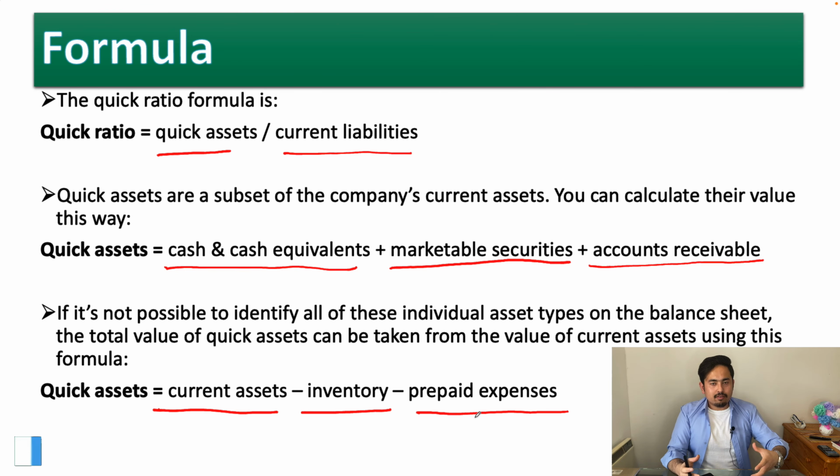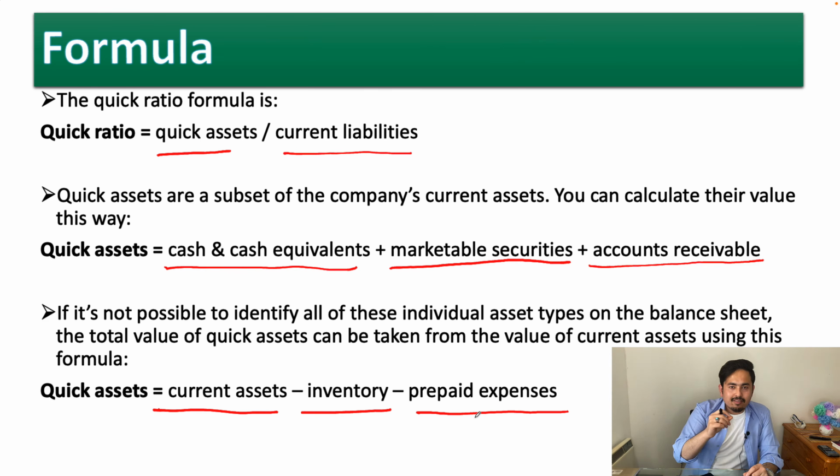Suppose you have a rent and you paid in advance for 12 months from January to December, but you are still in January. You cannot write the whole balance as expense for January. That's why you will consider it as a current asset in the business. And during each month or each quarter, you will allocate a portion of that current asset to the income statement as expense. That's why the inventory will be deducted from the current asset, and you will reach the quick assets of the business.